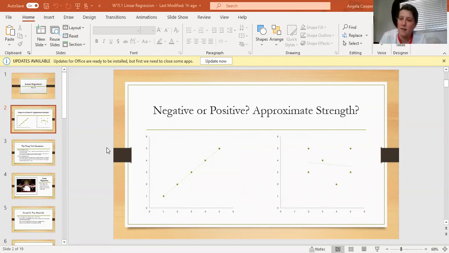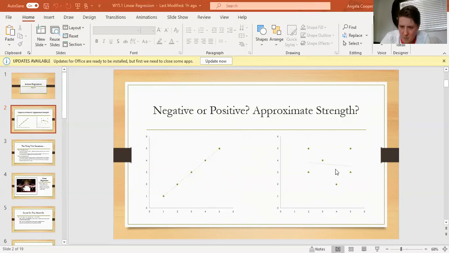So positive or negative. On the left, with that straight line, we have a positive correlation because it is going up, left to right, it is going upwards. And I would say that the approximate strength of that is quite strong. That looks like R equals 1.0 because every point is directly on that line. So that is a positive, strong correlation.